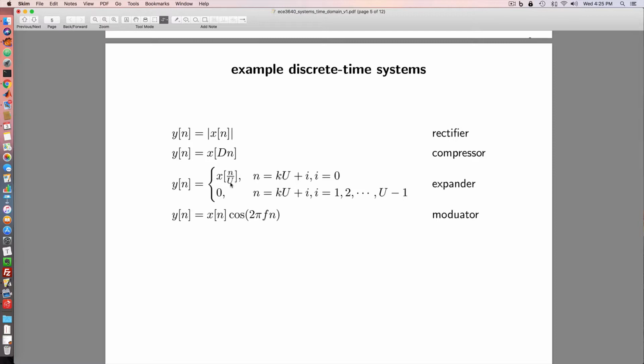The opposite of that is expanding, and this is the math that describes an expander. And then finally, we have a modulator, where you take a signal x of n and you multiply it by a discrete time sinusoid, cosine 2 pi f n. We'll call that modulation.